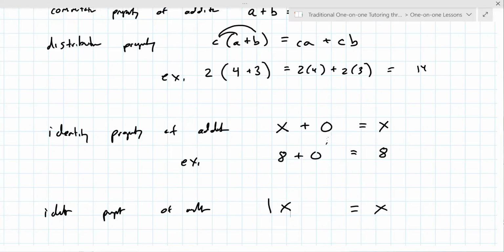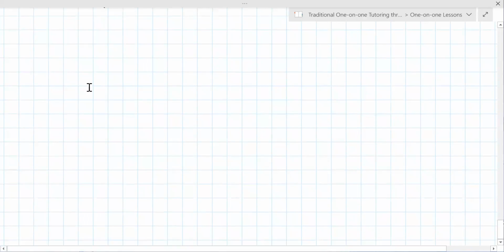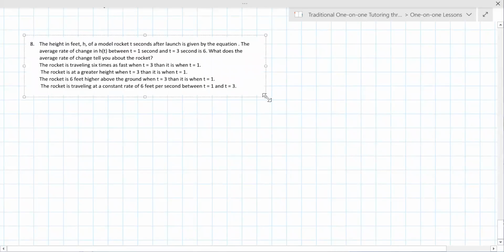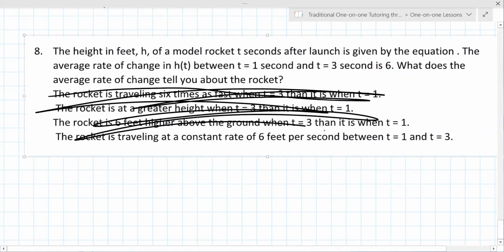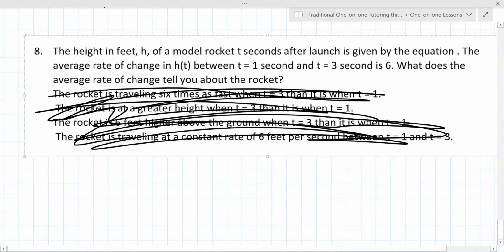So this one, a lot of word problems. The height, let me snip it in. This problem, we're going to do it the way we've been doing the last few, which is we're going to work through the part that's given and then look at the answers after we know what's given. So I know it's hard, but try not to focus on any of that stuff and let's just look at what's there.